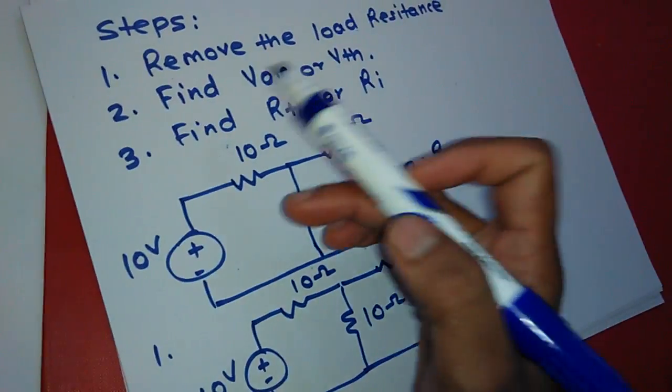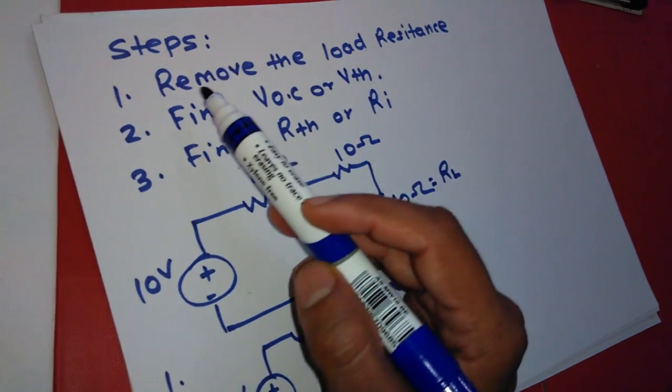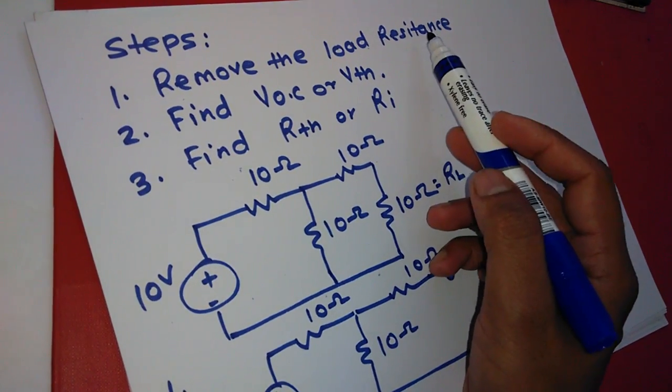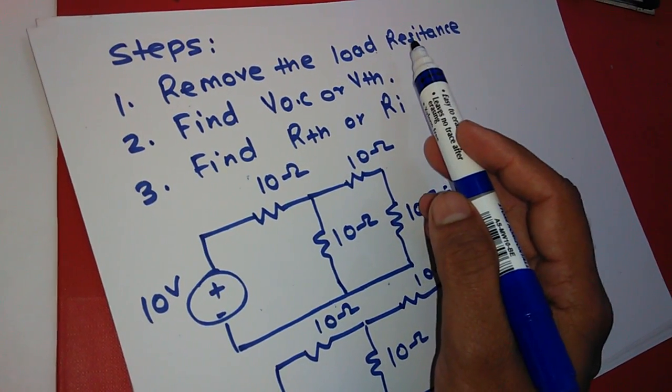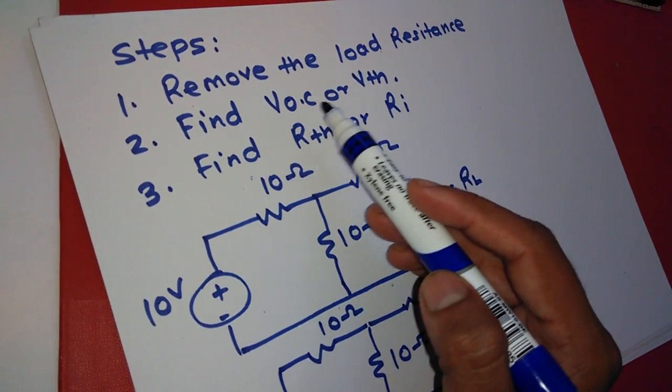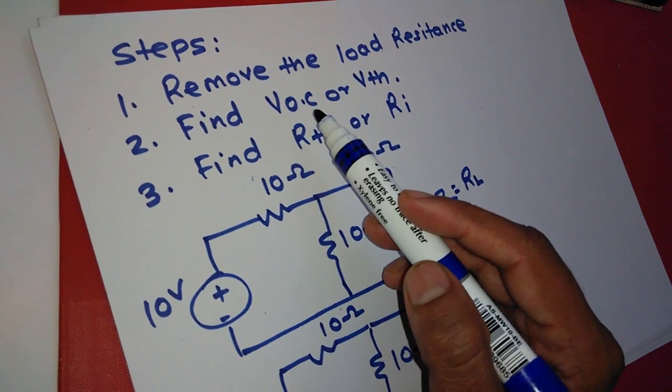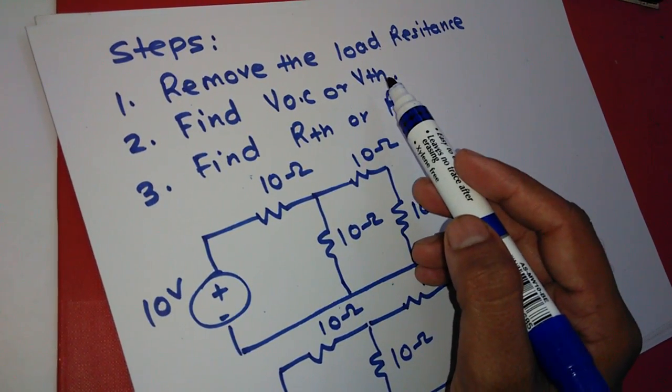For solving a Thevenin circuit, we can follow these steps. First step is to remove the load resistance. Whatever the load resistance in the circuit, we first have to remove it. Second is to find VOC or VTH. VOC means open circuit voltage or Thevenin voltage.